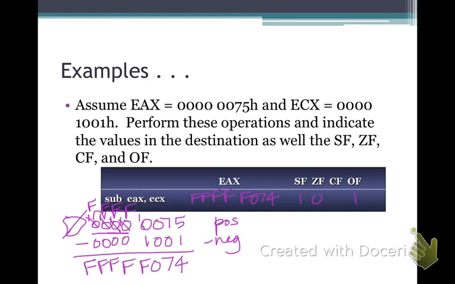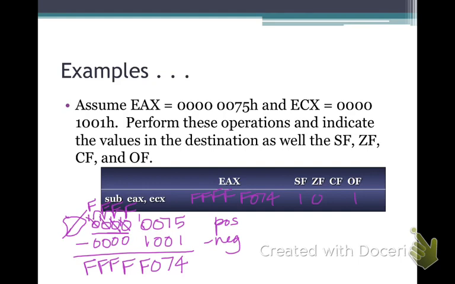What the machine's going to do when it does this instruction is it's not going to do the subtraction. It's actually going to change that to the addition. So it's going to add the positive to the negative that we were talking about. When it does that, it's going to generate a carry out.